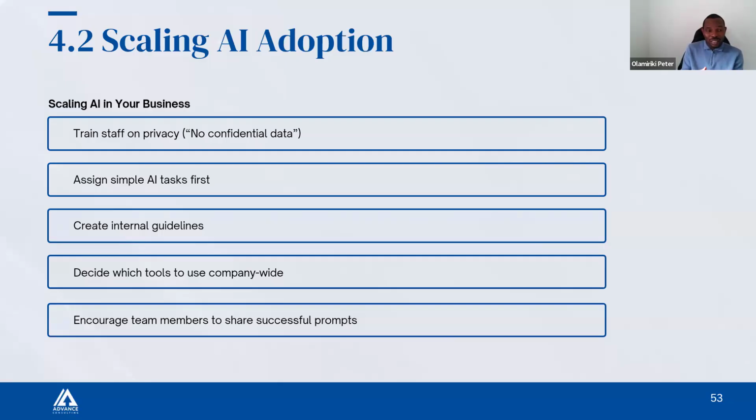Decide the tool that you want to use as a company. Don't leave a blanket check for everybody to use any tool within your team. Let it be known these are the approved tools for this company, and it's going to promote consistency, and that is how best you can really leverage AI and promote adoption.